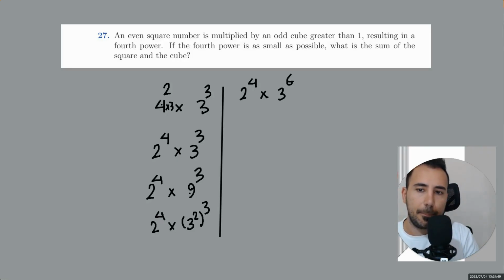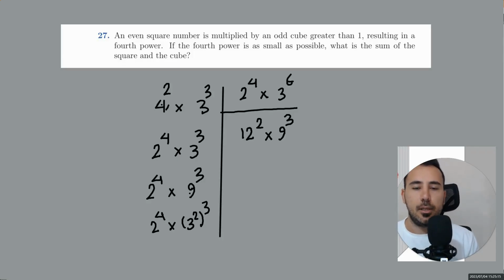It will become 12 to the second power. So let's write it here. Instead of this, let's try these two numbers: 12 to the second power, an even square number, multiplied by 9 cubed.